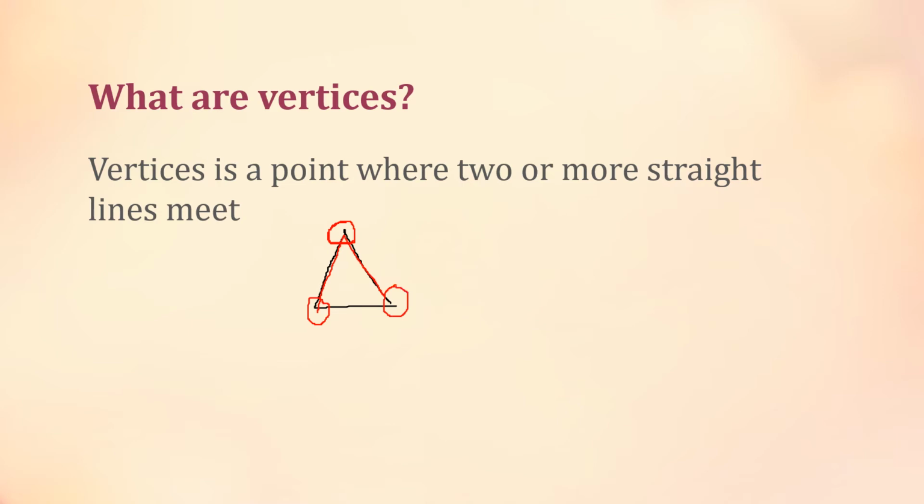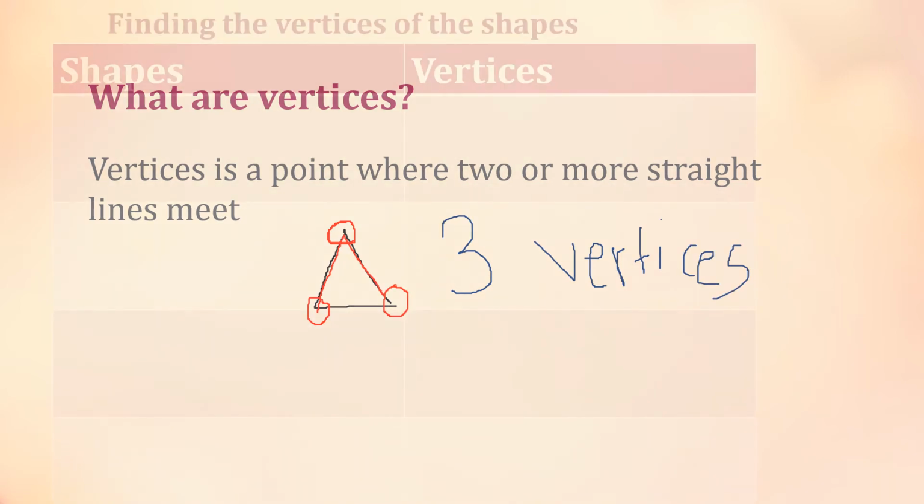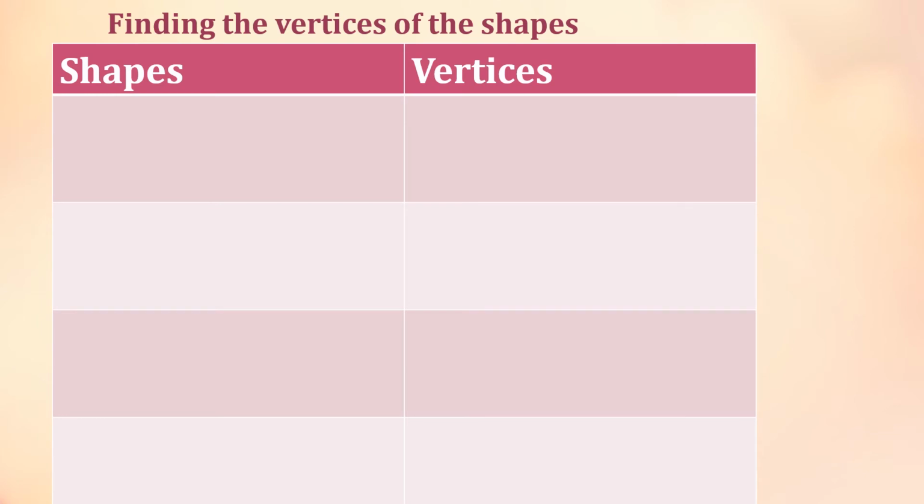So I could say this triangle has 3 vertices because it has 3 points where two or more straight lines meet. So this triangle has 3 vertices.